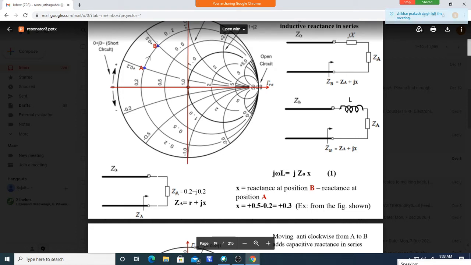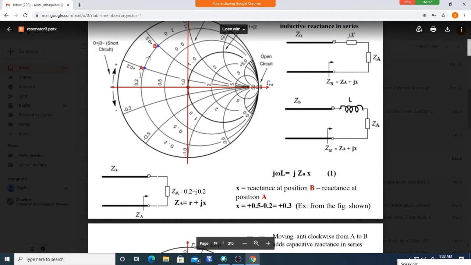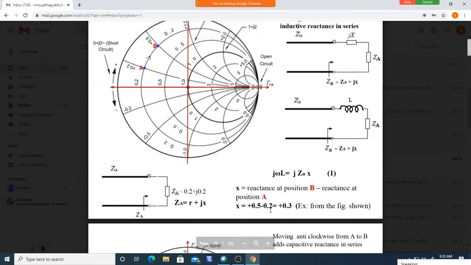You see the reactance circle passing through that point. That is the 0.5 circle. So B is plus 0.5 and A is plus 0.2.